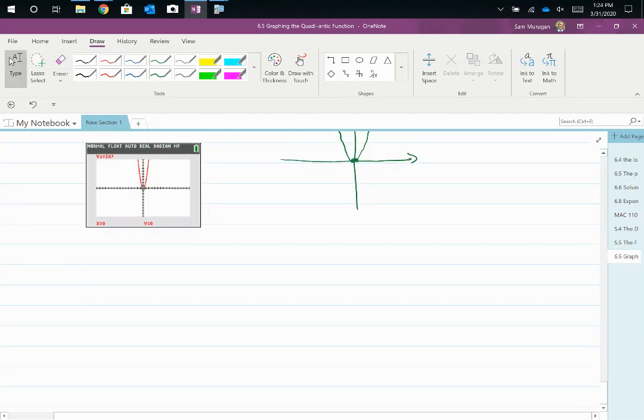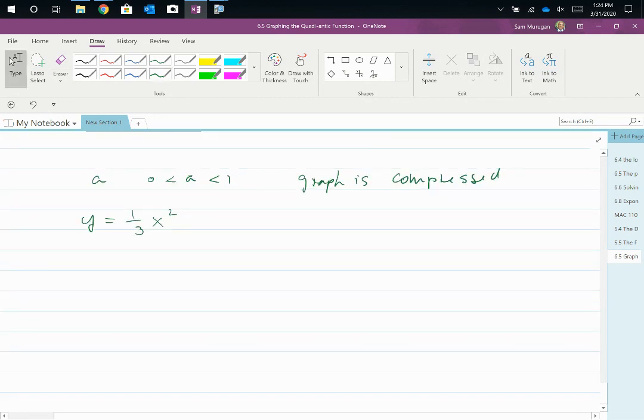And if we were to say a is between 0 and 1, such as y is equal to 1 over 3 x squared, the graph is compressed. In other words, the graph will become flatter.